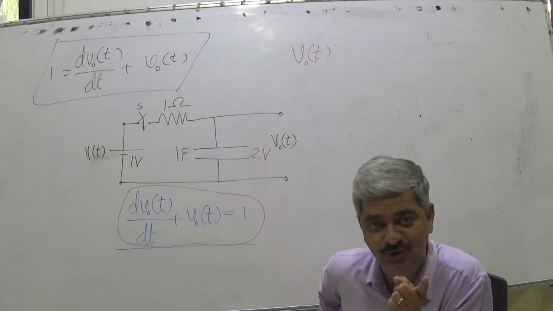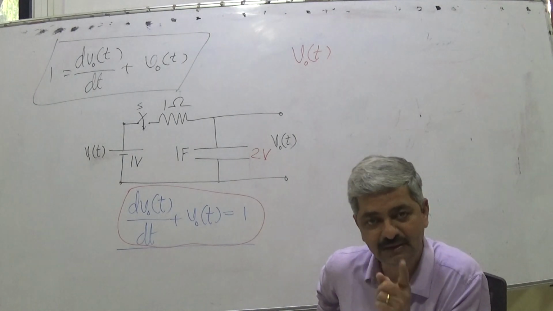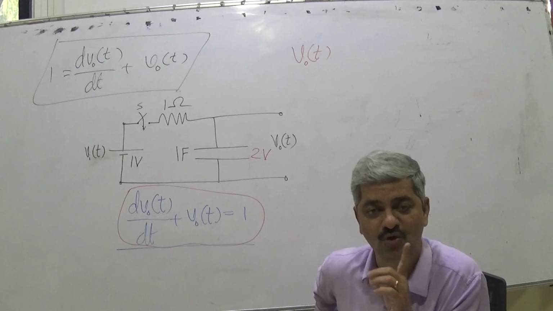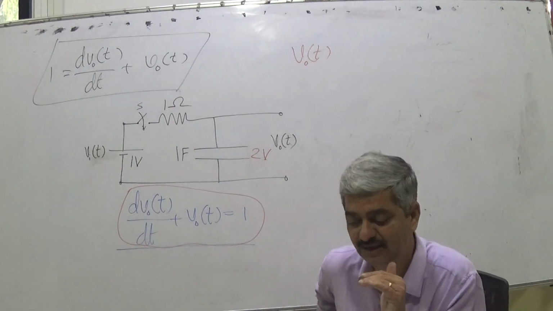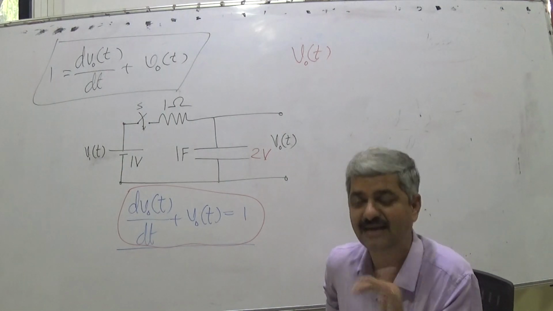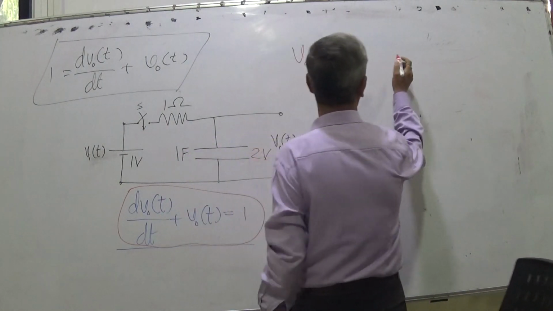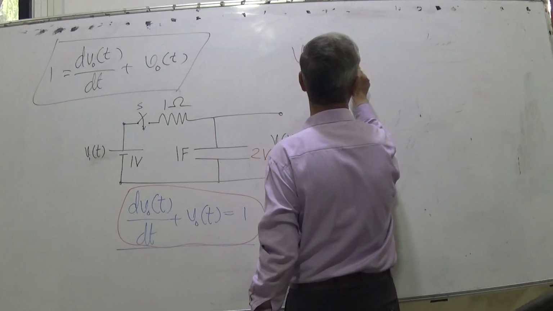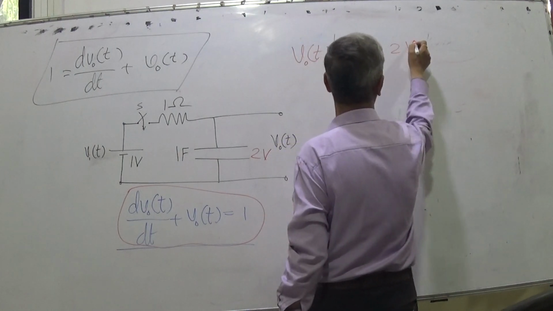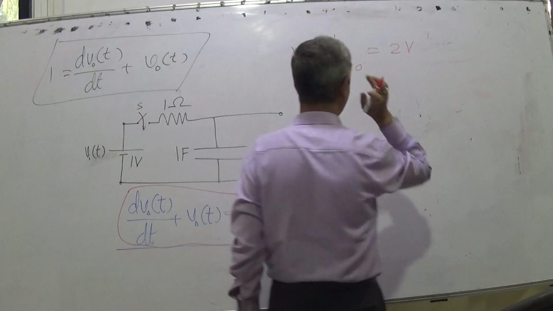If you want a unique solution, you must have one constant, that is the value of that variable at a given time, and we have assumed that VO(t) at t equal to 0 is 2 volts, right?